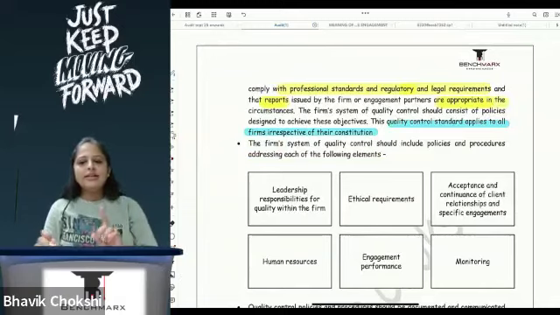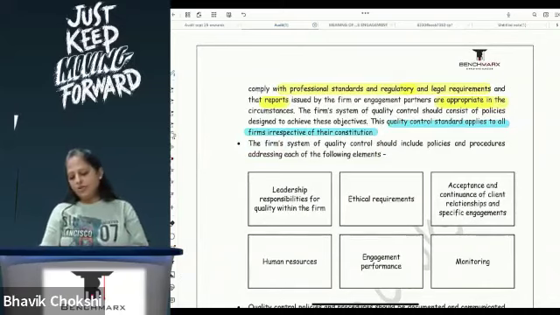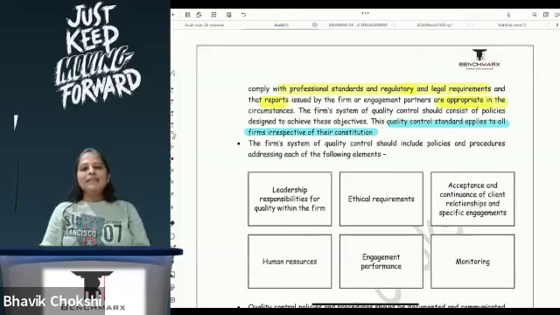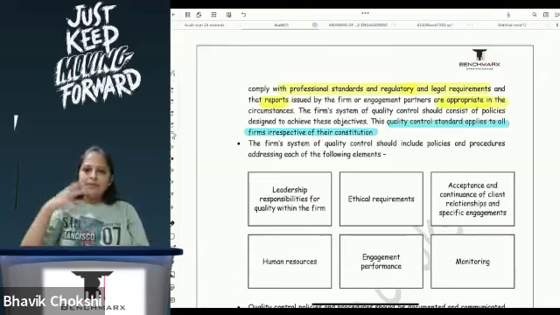So one is that I want you to comply with all the regulatory requirements. So everything that is required to be complied with as per law, that is something that you will comply with, and after complying with that you will give a report which is suitable and which is appropriate in the circumstances under which you are giving the report.